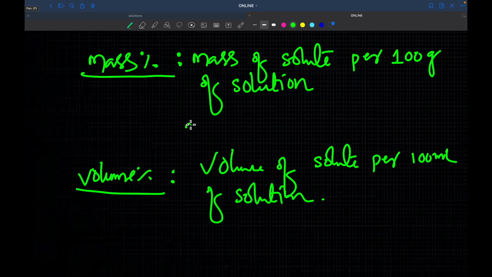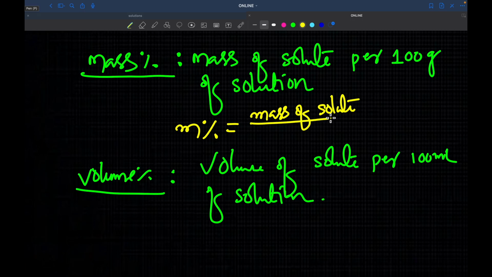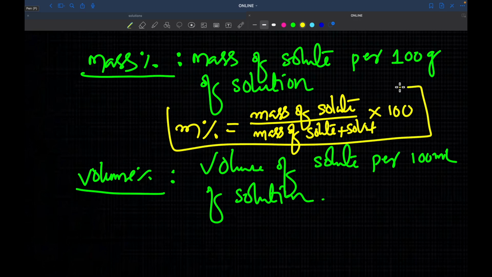So how do you calculate the mass percentage? The mass percentage equals the mass of the solute divided by the mass of solute plus solvent, that is the solution. To convert it into percentage, we multiply by 100.